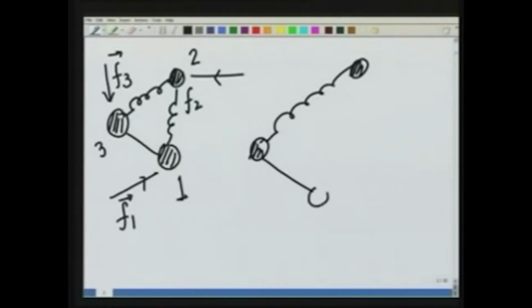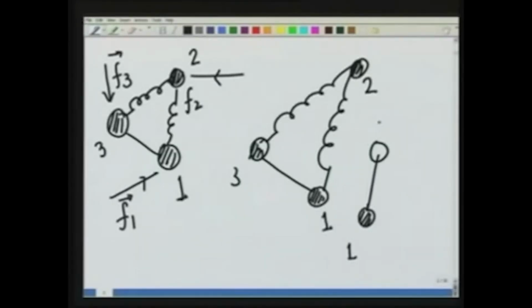This, let us say, is a rod which cannot change, and maybe this spring has stretched. Further, it could have changed its orientation, that is, if this is particle 1, 2 and 3, other situation I could have is maybe particle 1 is here, particle 3 is here, and this is particle 2.